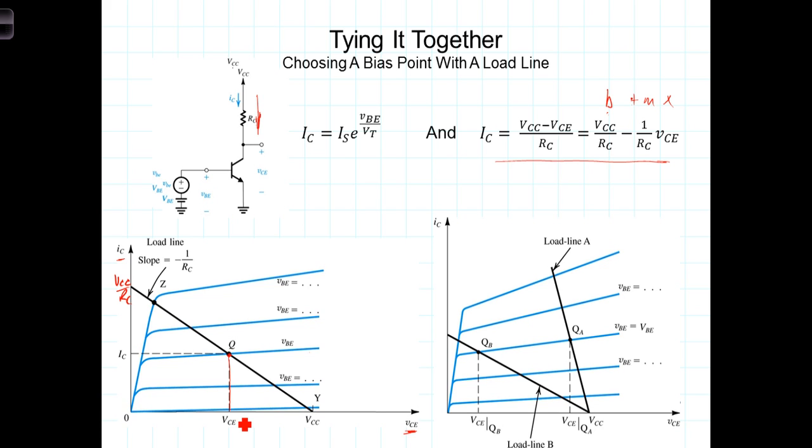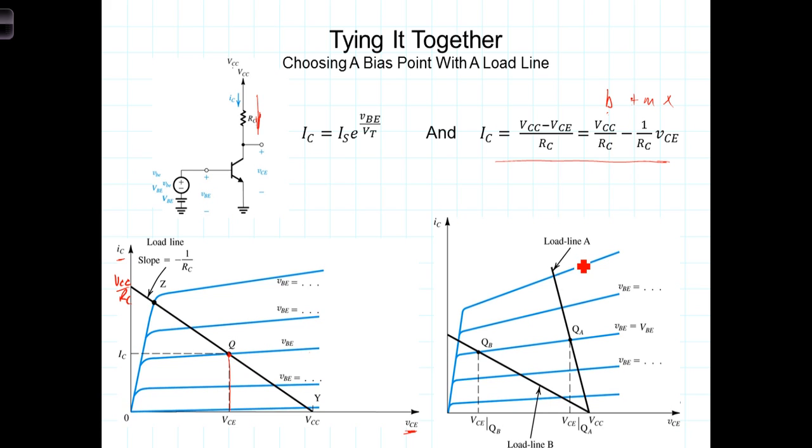And because the slope of this line is 1 over RC, different values of RC establish different load lines with different slopes. The purpose of biasing is to place the bias point, or the resting point of the transistor, to allow for the type of amplification you're wanting.